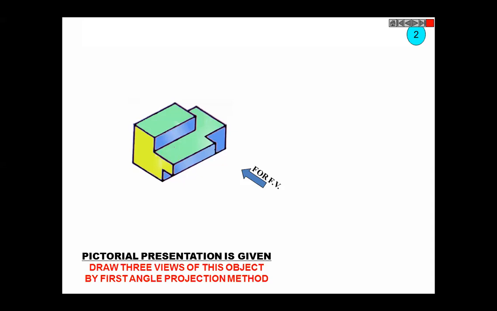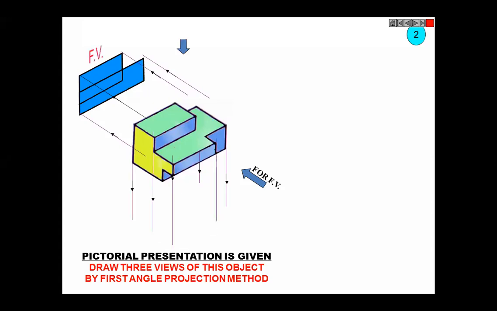Okay, now we will see. Now see the front view. Correct? Now top view. I told you you will have some hidden line.